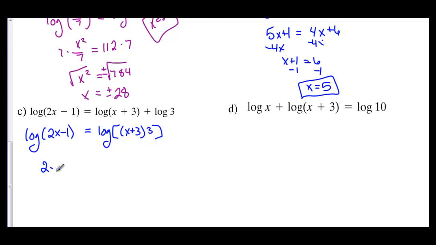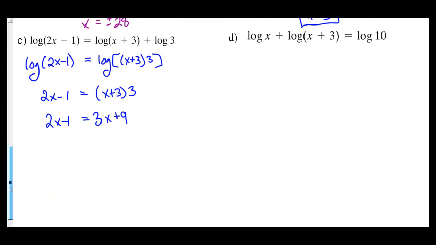So we're going to have 2x minus 1 equals that x plus 3 times 3, so 2x minus 1 equals, we distribute here, we're going to have 3x plus 9, and then we're just going to solve for x.